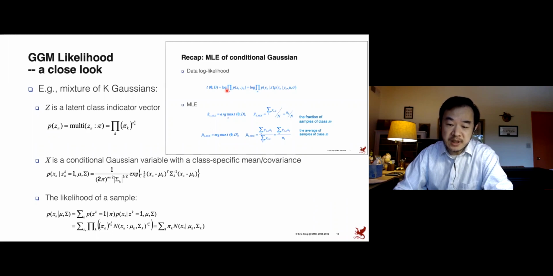For example, you select those z which equal k to estimate the frequency pi k, right? And you select those x whose indicator z equals k, and then you compute the mu accordingly, right? So this is pretty straightforward, and you can also do the same for the covariance matrix.